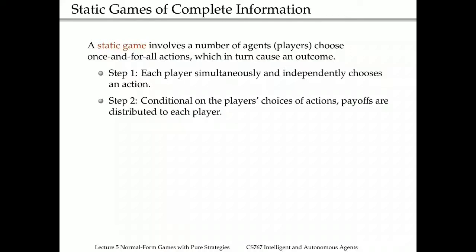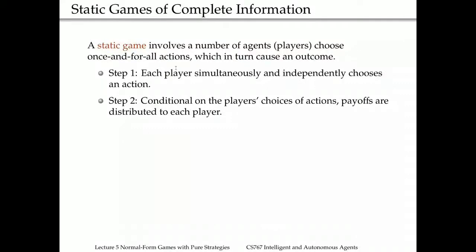So in this condition, we assume that there are two steps that will happen. First of all, each player will simultaneously and independently choose an action. Notice that they don't have to choose the action at the same time, as long as they are not aware of the other person's choice before they make their own choice.